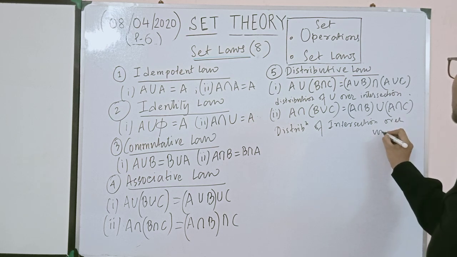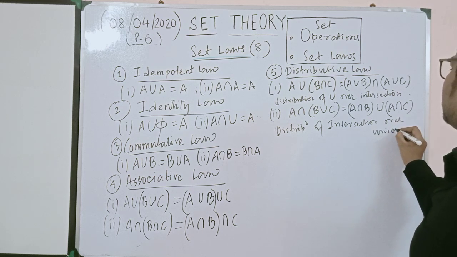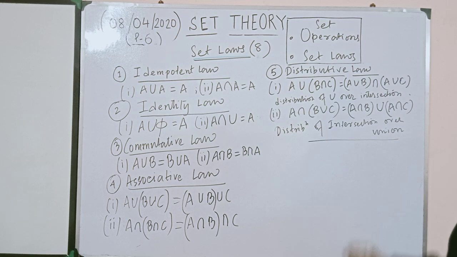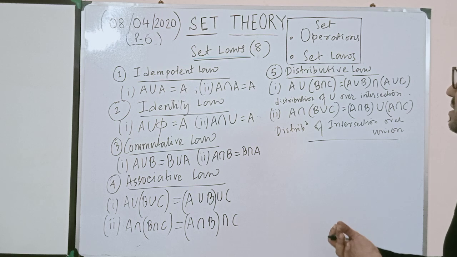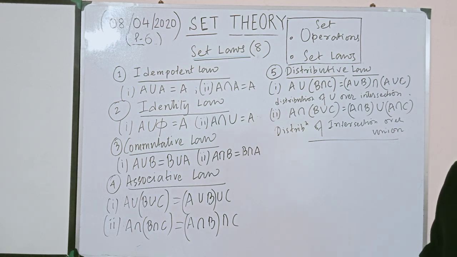So in exam sometimes a question will come like this: prove the distributive law where union gets distributed over intersection.